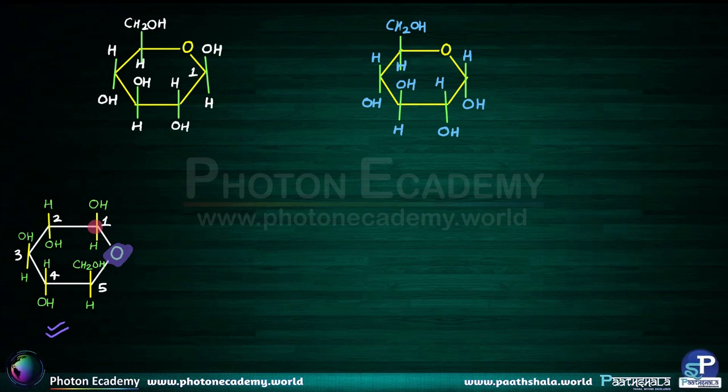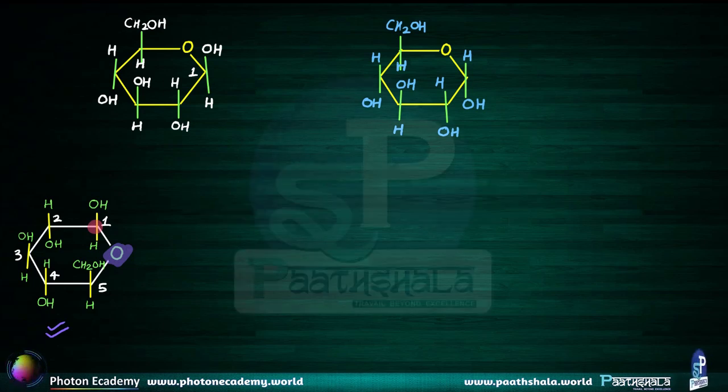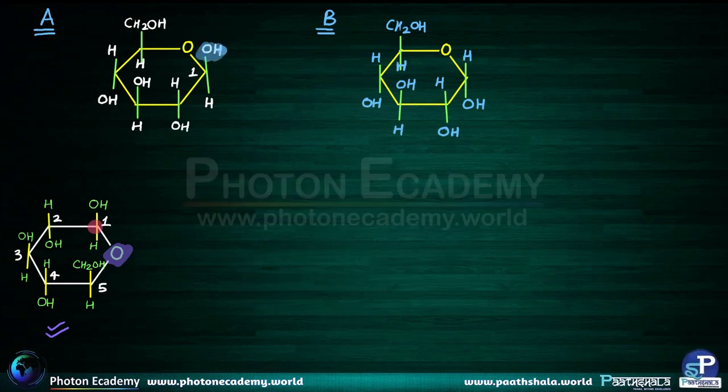Now, why am I doing it? Because I want to state a little fact. Here, let us call this A and let us call this B. In A, you can see that all the OH groups, this OH, this OH, this OH, then I have OH, and I take this CH2OH group, they all are trans to each other.